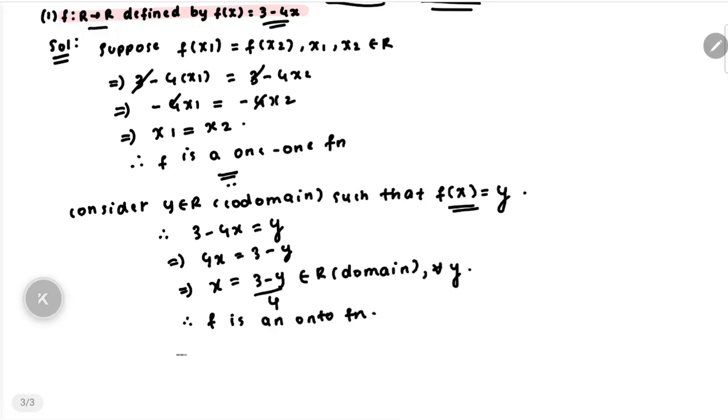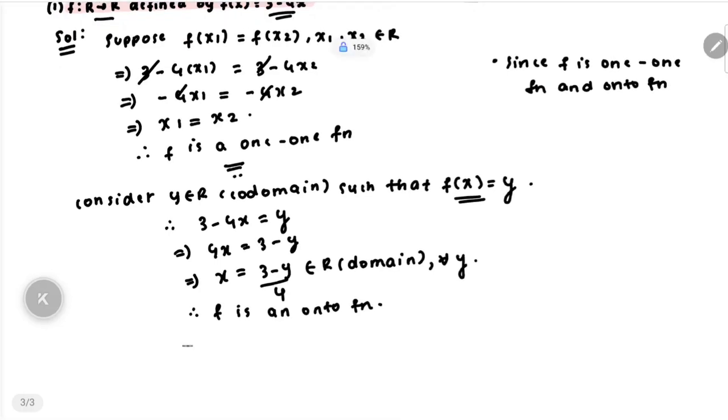So the last step is to write: since f is a one-one function and onto function, f is bijective.